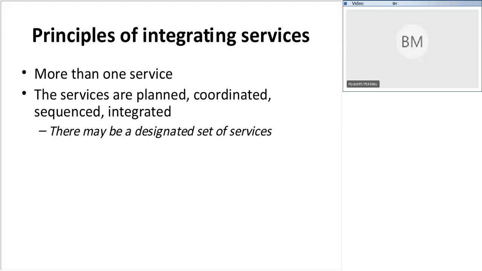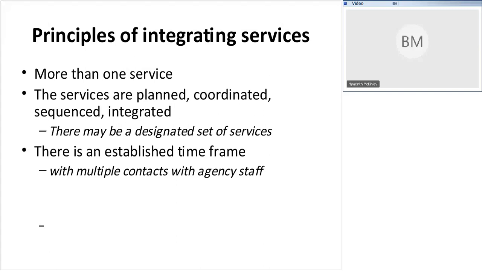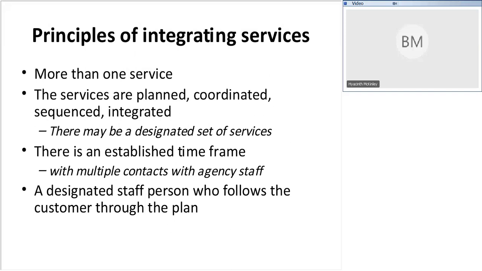And we may identify a certain designated set of services that we want to start with as our integration project. That we establish a time frame with multiple check-ins along the way, that the agency staff knows that we're going to be checking in to look at how this integrated plan is working. And that we need somebody that's going to shepherd this forward.